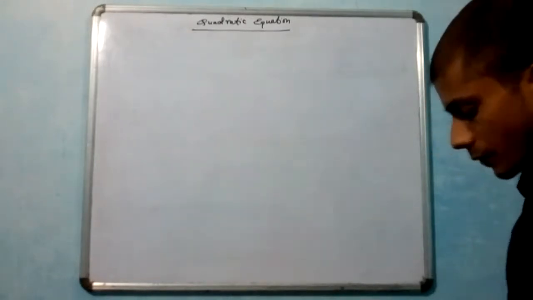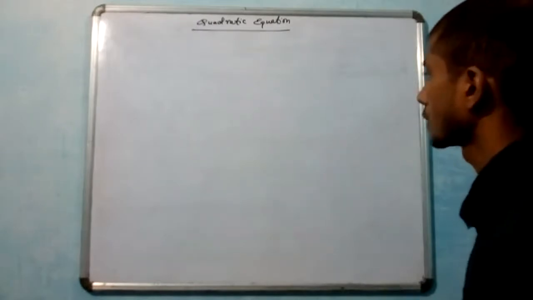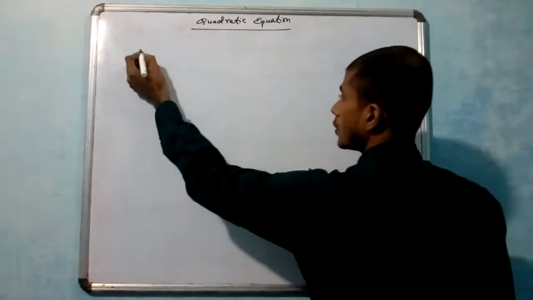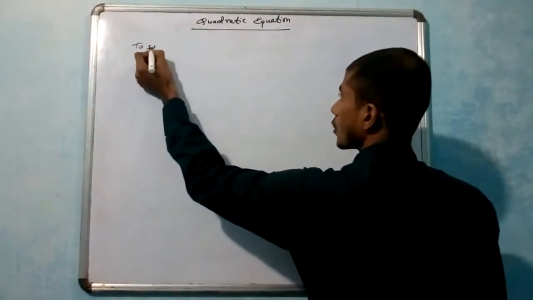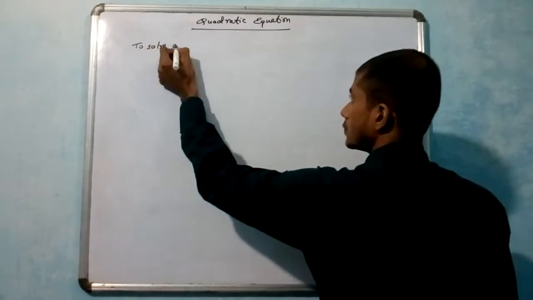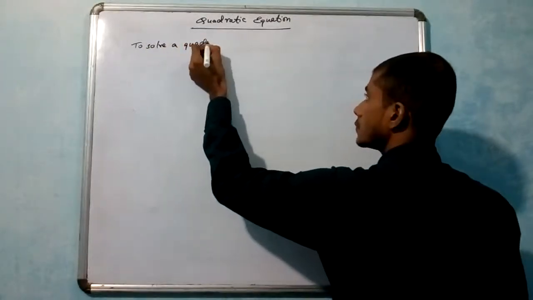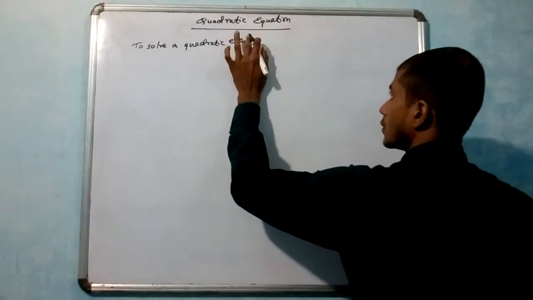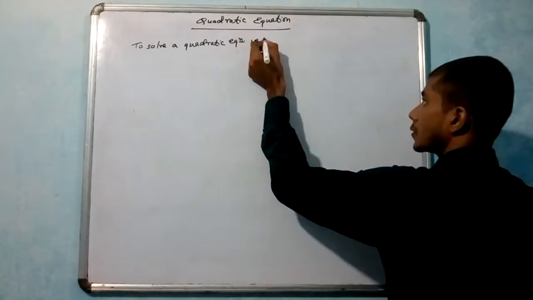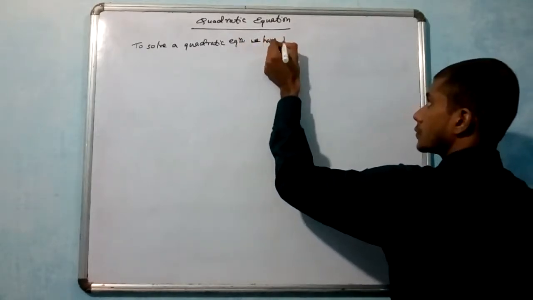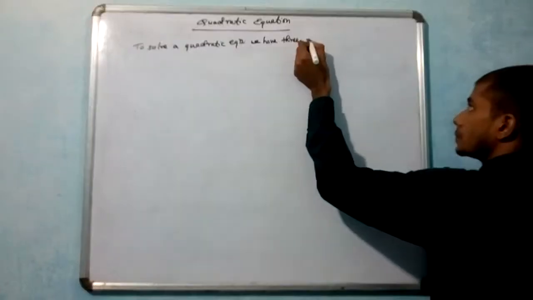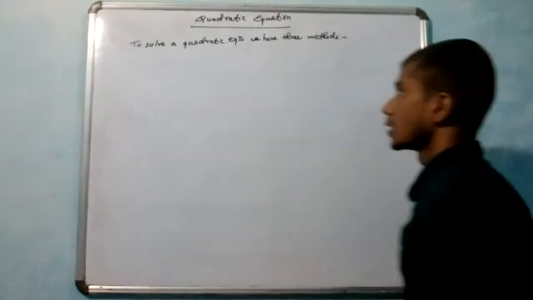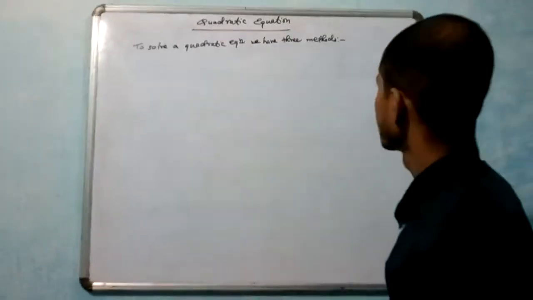Now, there is a direct method to solve. Solving a quadratic equation means getting the value of its roots.